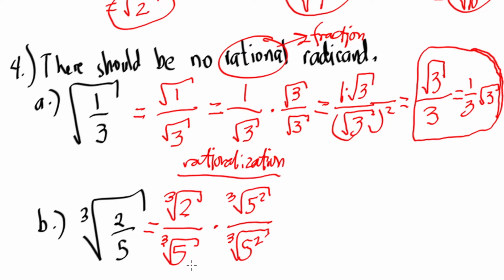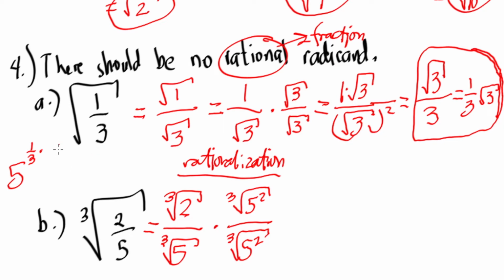Notice that the denominator has a cube root of 5. So imagine a cube root of 5 in fraction form will be something like 5 raised to 1/3. So we need to make this 1/3 become 1. How can we make that become 1? By adding that to 2/3.